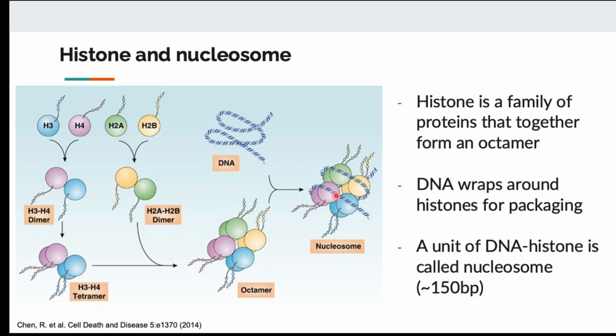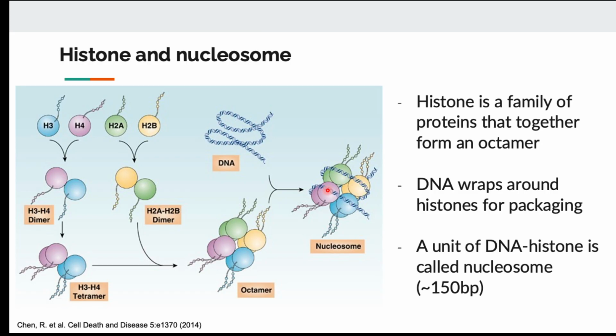So whenever you see these terms, now you understand that histones are proteins which form octamers, and their functional role in our cells is that they help package and organize the DNA by allowing it to wrap around the histones to form a nucleosome unit.